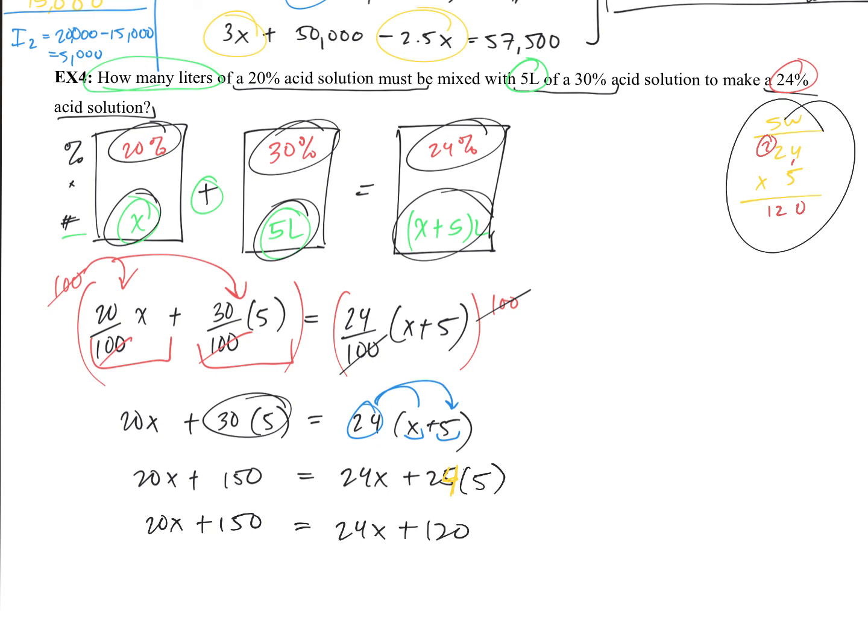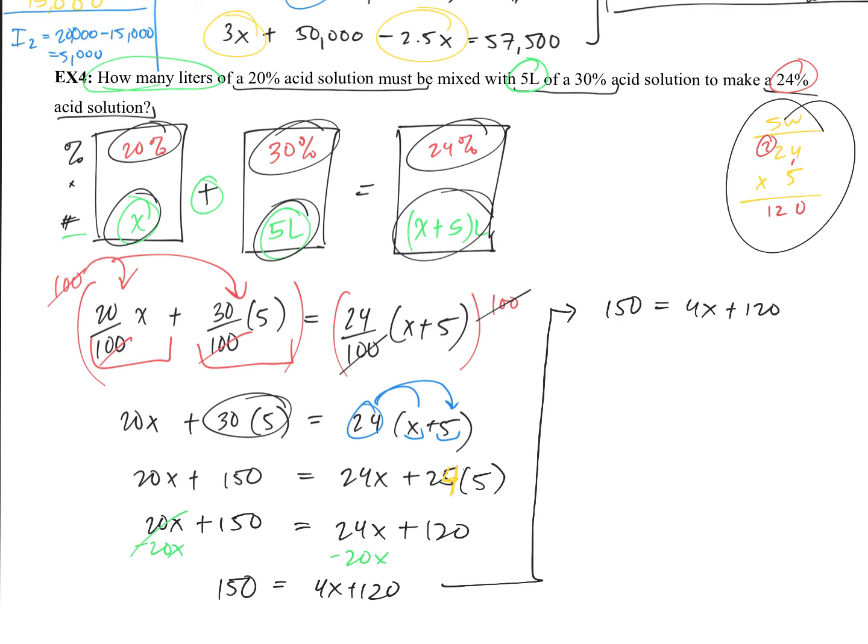Alright, we're almost there. Get the x on one side and the numbers on the other. I'll go ahead and subtract the 20x. Continuing to solve my work on the side. I'll minus 120 from both sides to get the 4x by itself.